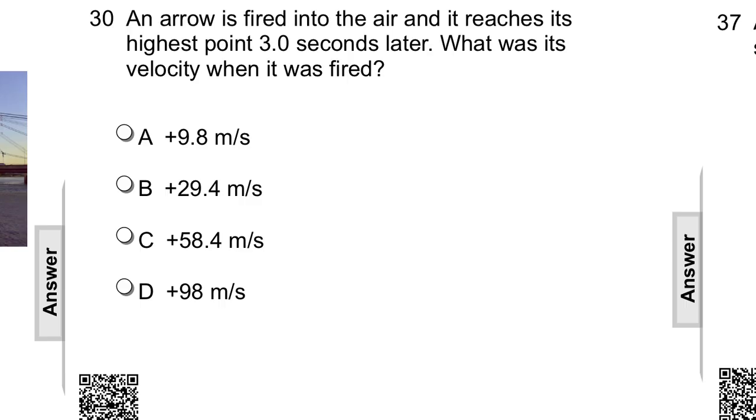Okay, an arrow is fired into the air, so VO is not 0. Has some speed once it comes off the bowstring. It reaches its highest point 3 seconds later. What was the VO? Okay, so this is the time to get to the top.